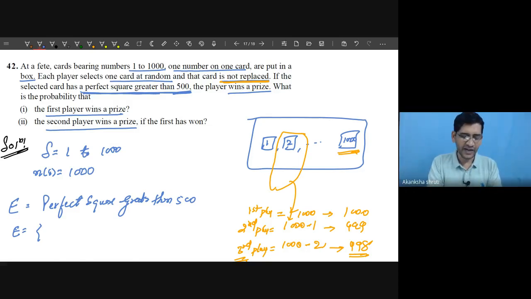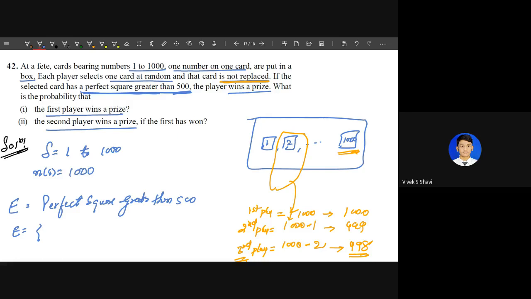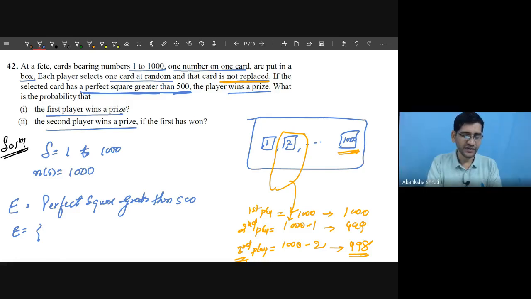What is that square? 23. Very good. So it is your 23 square. From there you shall start the trial. So it is our 529. First you have determined this. After this you can give the continuous trial. Like what is your 24 square, that you can take and write.